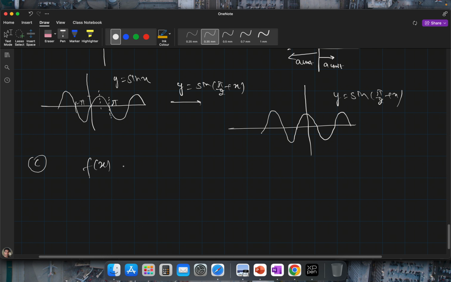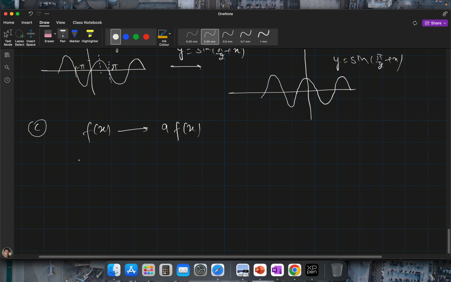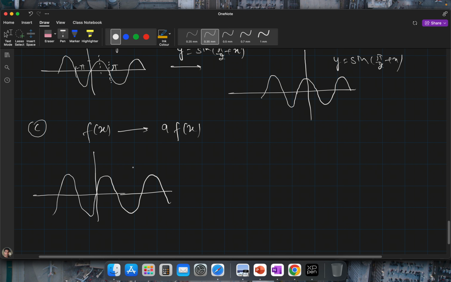Now let's talk about the third case. If I want to transform f(x) to a times f(x), suppose you have a function like this. So this is the function f(x). If you transform it to a times f(x), then it will just amplify this height.